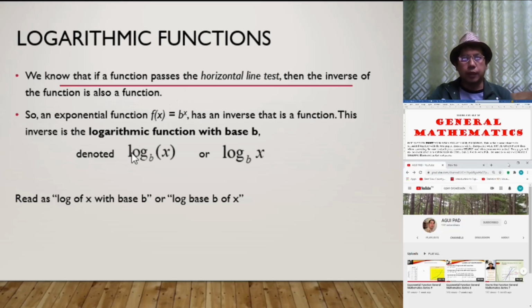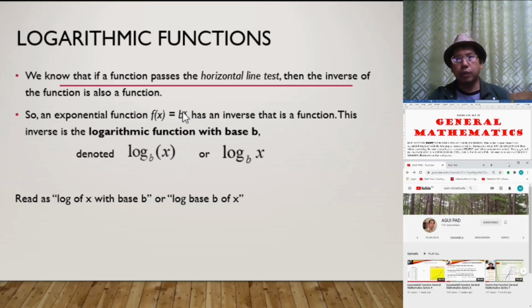When a horizontal line test is used to test whether functions have an inverse or not, many functions will fail to have an inverse function.